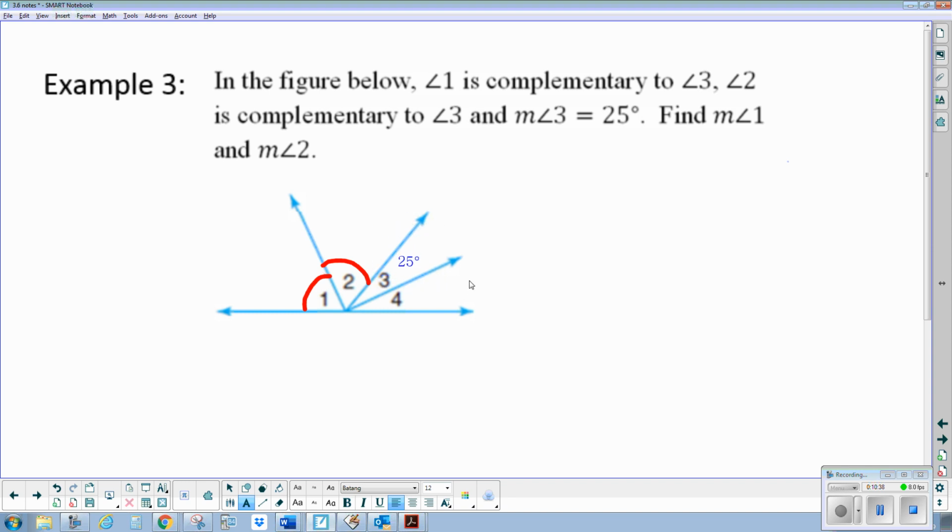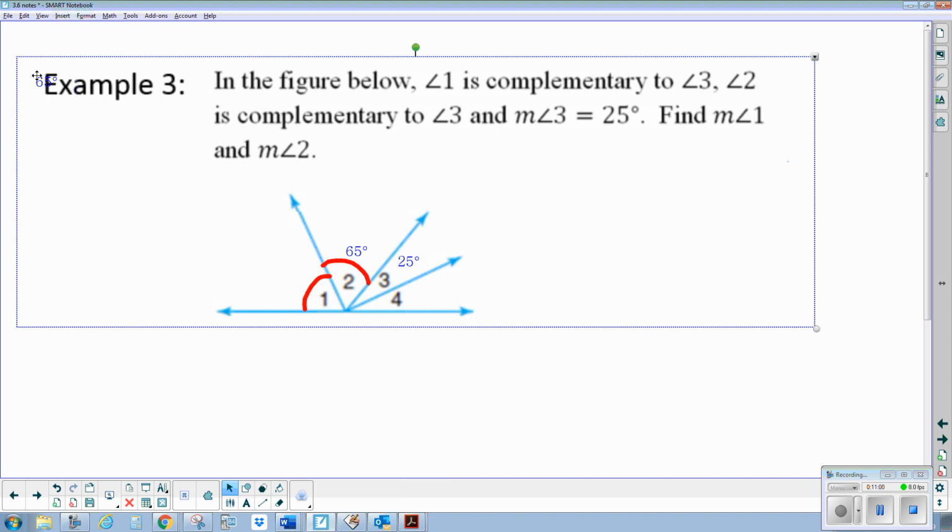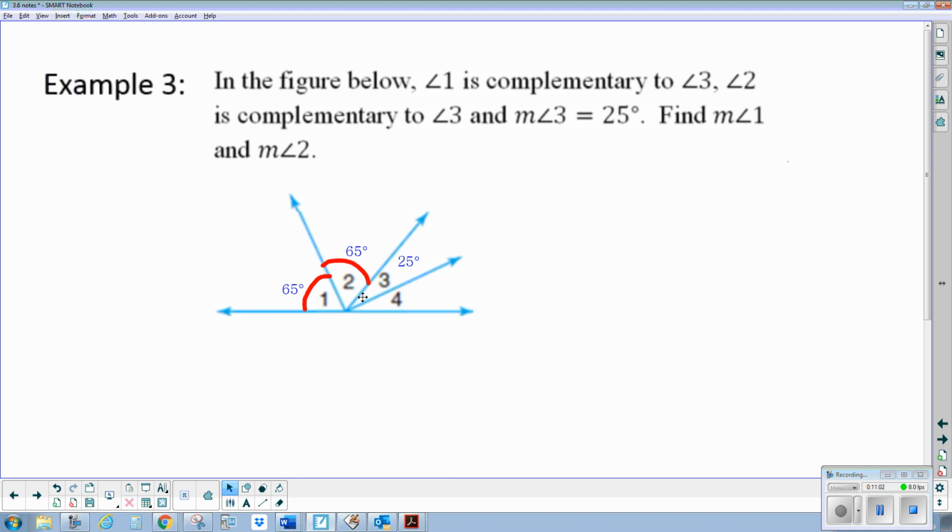So from there, we can find angle 2. Because 2 and 3 are complementary, angle 2 has to be 90 minus 25, which is 65 degrees. I don't have to do the math again because I already know that angle 1 and angle 2 are congruent. So without doing anything, I know that angle 1 is 65 degrees.